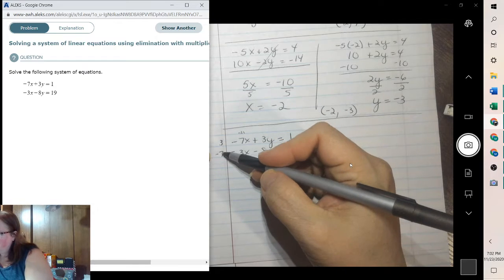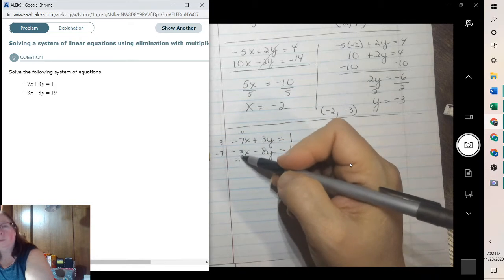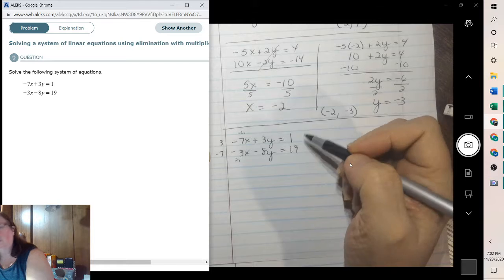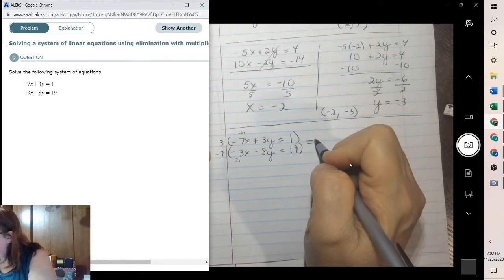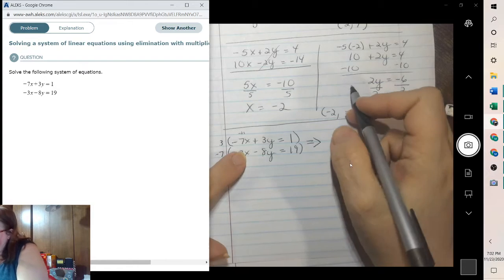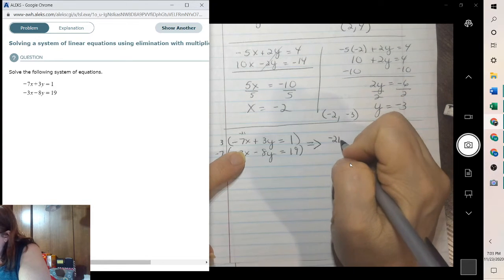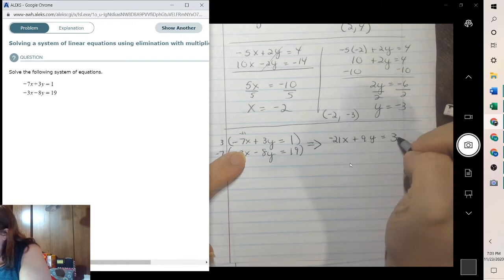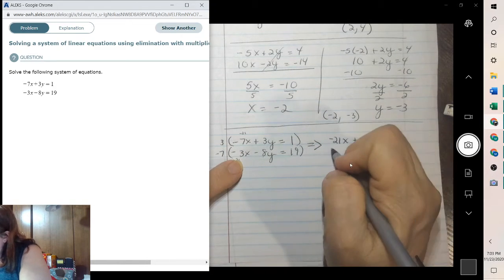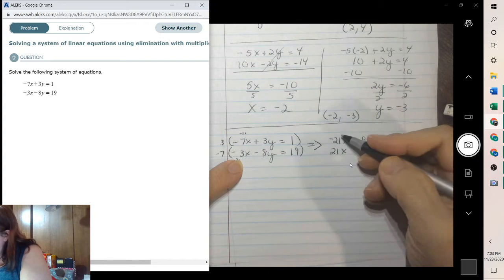So if we multiply by these values, the x's are going to drop out. When you multiply, you have to multiply the whole thing. So 3 times negative 7, negative 21x plus 9y equals 3. Then multiplying by the negative 7, 21x, see how they drop off?